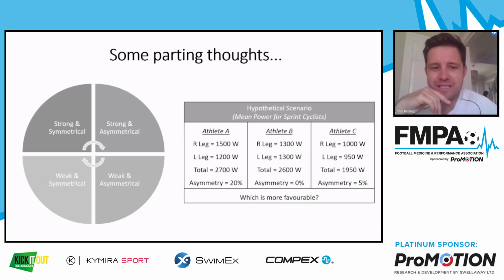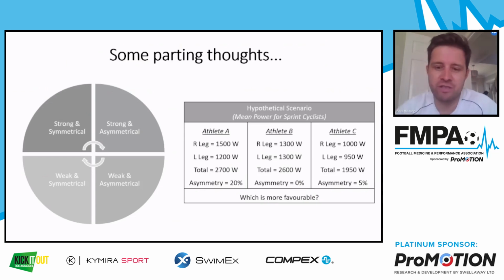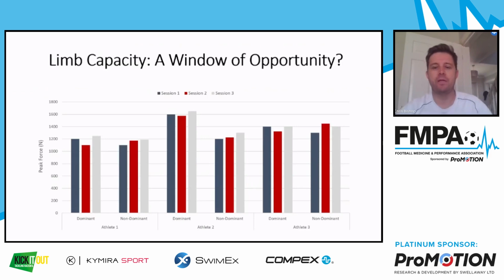In this instance, I just wouldn't be so concerned about the imbalance per se. If this athlete is strong and asymmetrical, I still think they probably win the race because they produce the highest total wattage out of the 3.